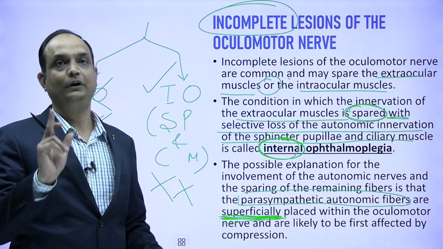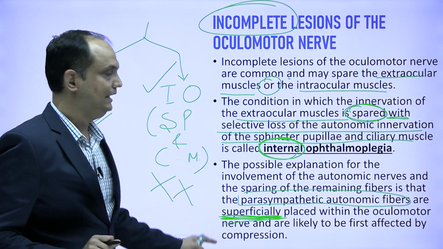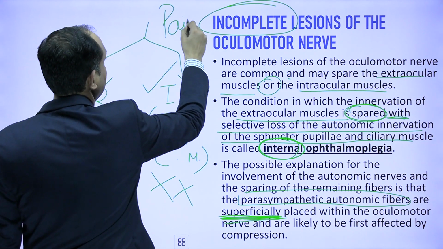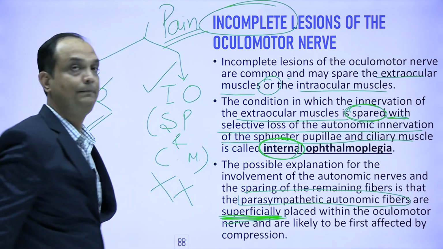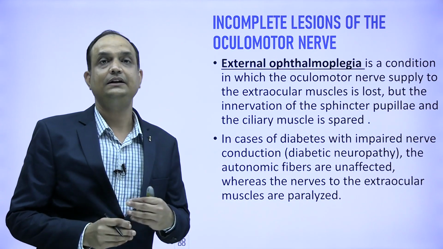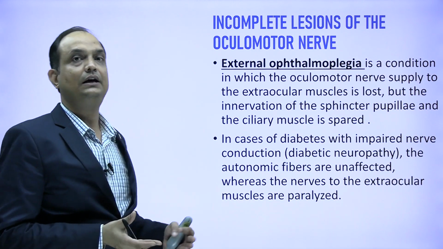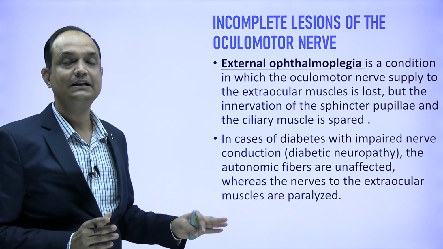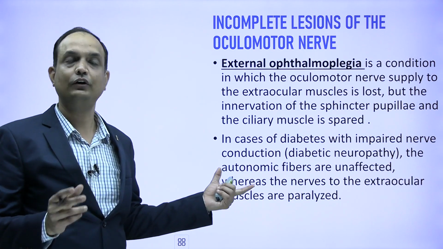Clear? And the important thing is that whenever an aneurysm occurs, the patient always has pain in the eye. The aneurysm always causes pain. Clear? What is external ophthalmoplegia? It is the counterpart of internal ophthalmoplegia. That means the extraocular muscles are not working.